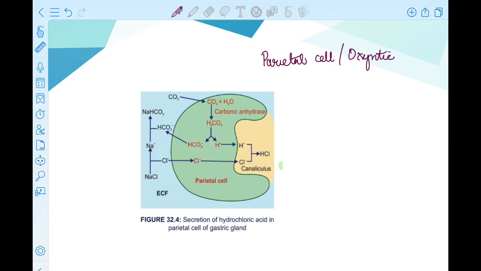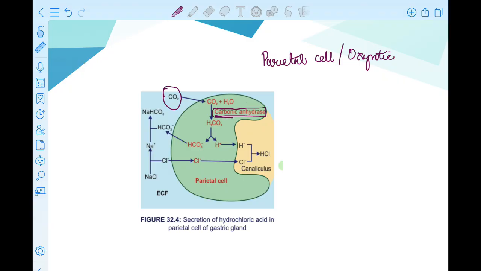Here, carbon dioxide comes from metabolism or from blood, and then it combines with water. This is inside the parietal cell, which you can see clearly here. So carbon dioxide enters the parietal cell either from blood or by metabolism, and combines with water to form carbonic acid, H2CO3, via the carbonic anhydrase enzyme.